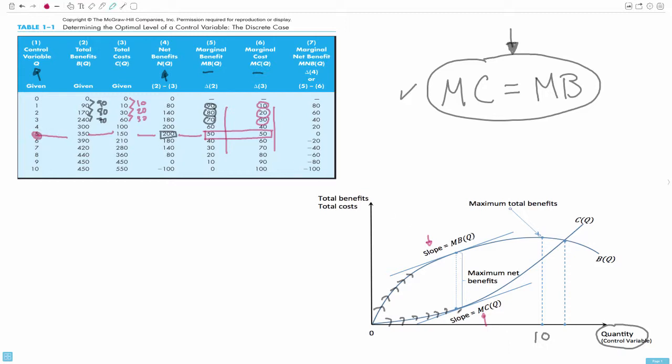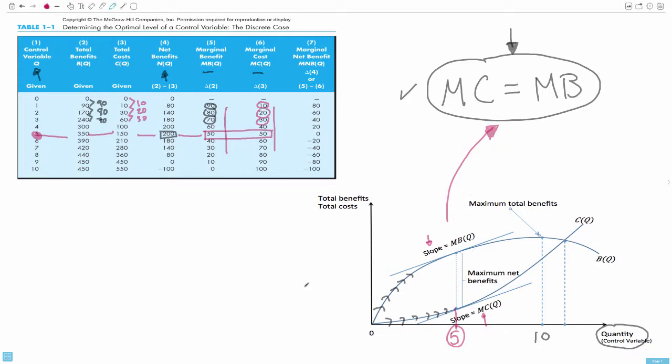When the level of production is 5, which happens to be right here on your chart, right around here, the slope of the total cost equals the slope of the total benefits, which is equivalent to the golden rule that marginal cost has to be equal to marginal benefit.